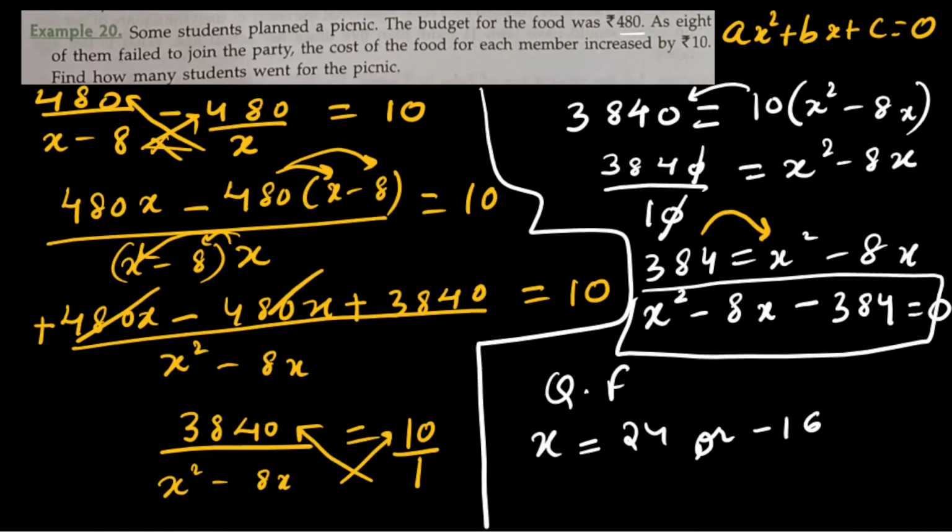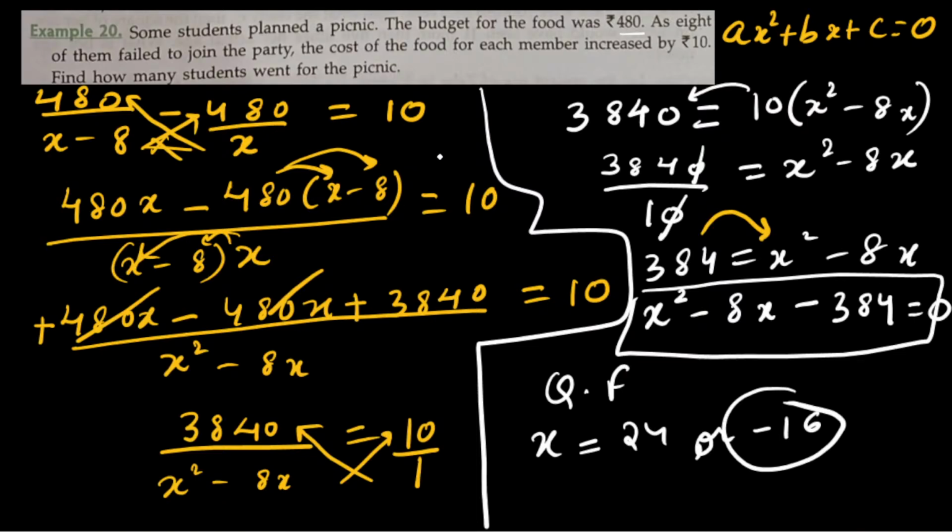Yes. So x has two values, because we are solving a quadratic equation. One value of x is 24 and the other value of x is minus 16.